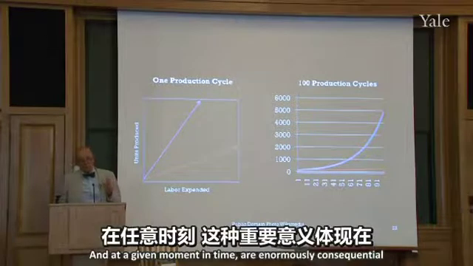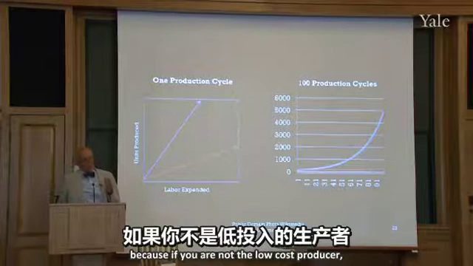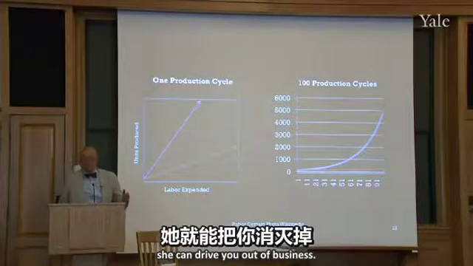And at a given moment in time, are enormously consequential from a competitive point of view. Because if you are not the low-cost producer, the low-cost producer is in a position where if she has sufficient scale of operation, she can drive you out of business.